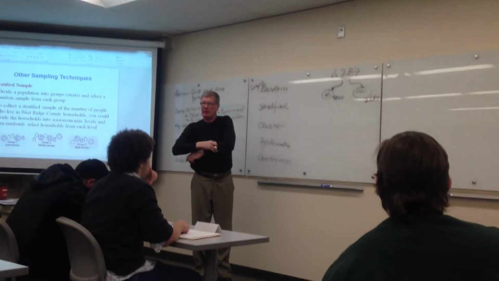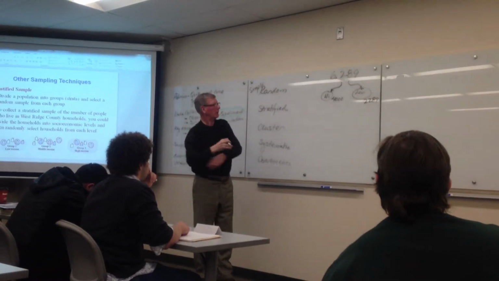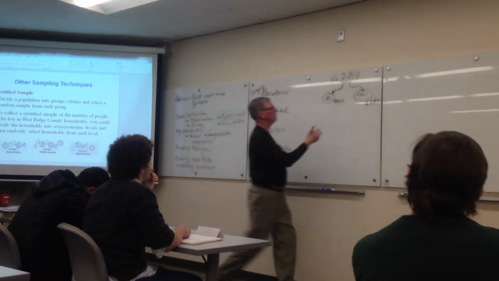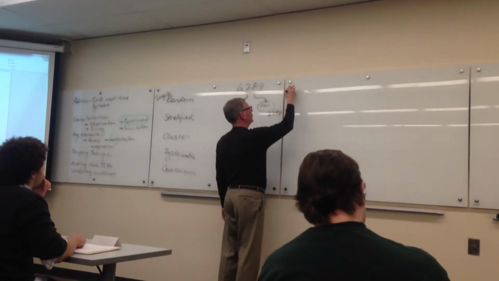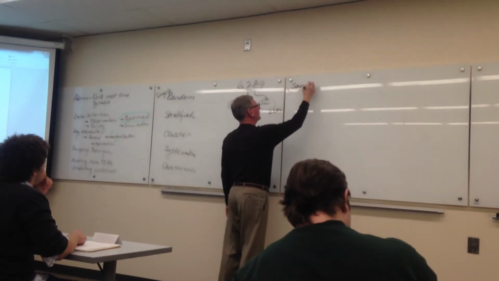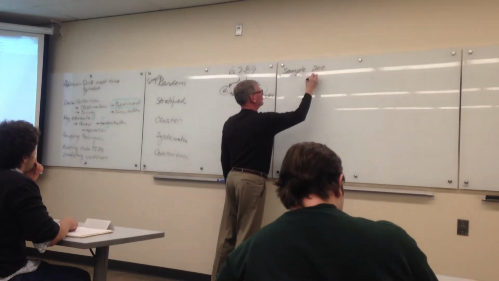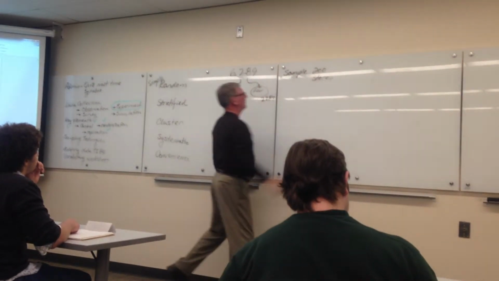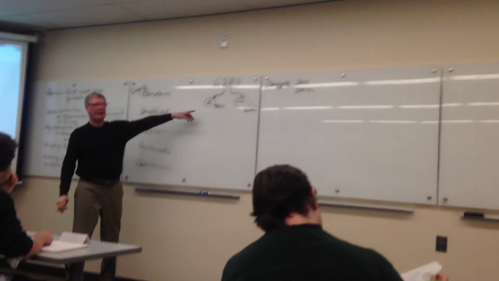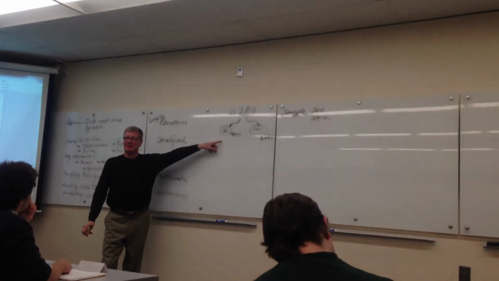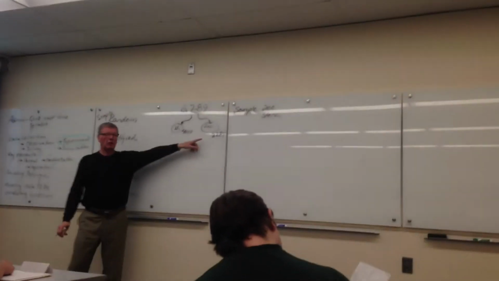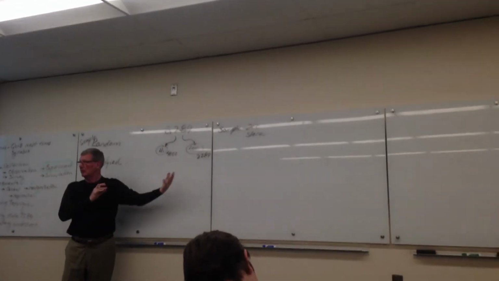So when I selected my sample, if I was going to only select a sample of 200 stores, I would like to certainly have what? More high-volume stores in my sample than low-volume stores, wouldn't I? Because there are more across the country.